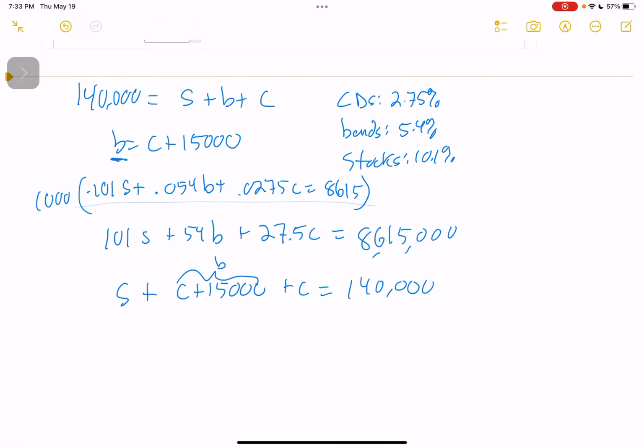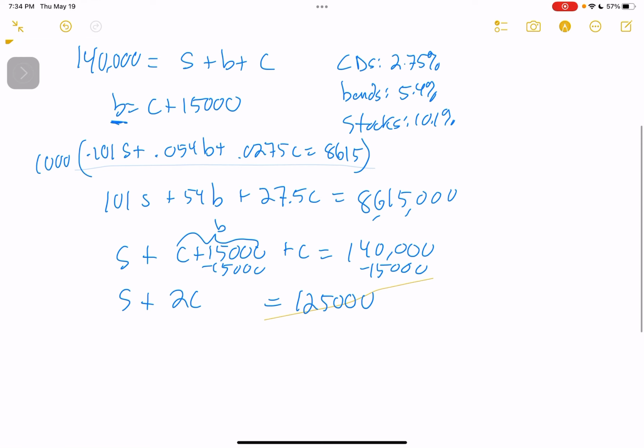And let me just simplify that, S plus 2C, I can subtract the 15,000 from both sides, equals, now I'm going to use a calculator just so I don't make a mistake, but what is that, like 125? Yep, 125,000.